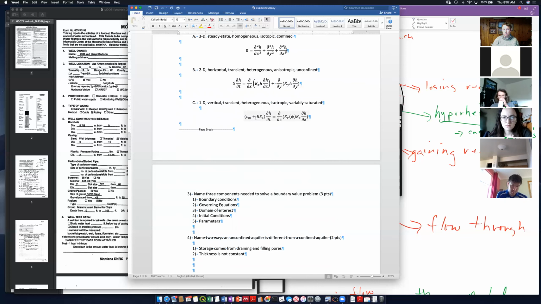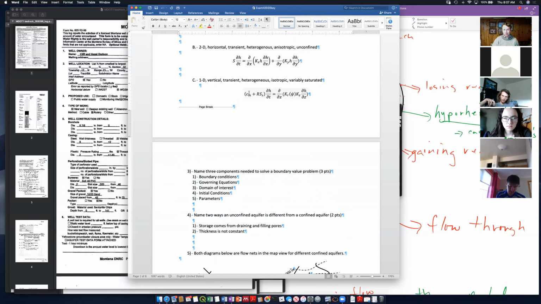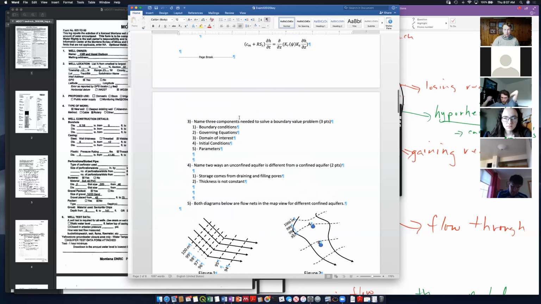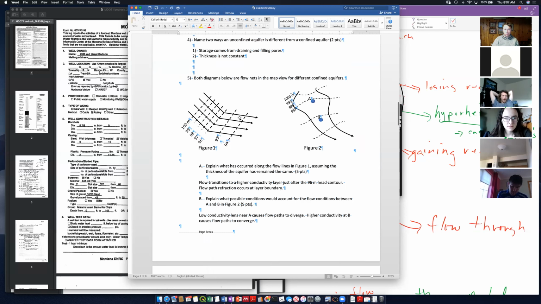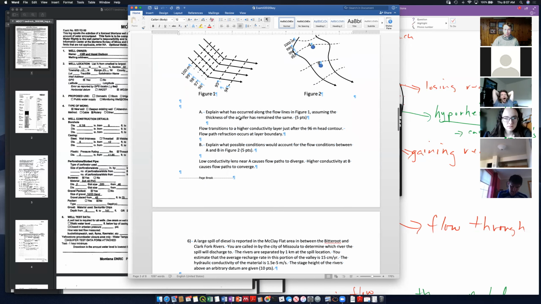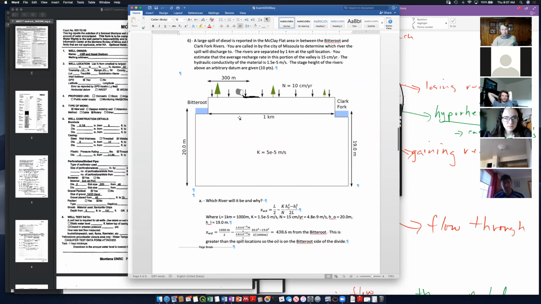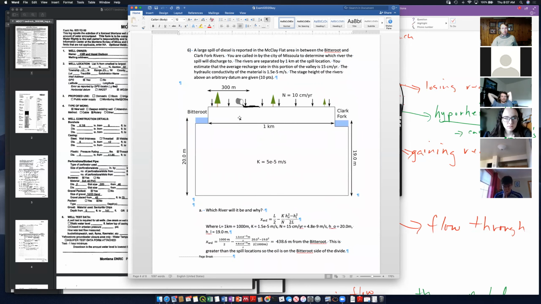And then your storage here is now a complicated term that accounts for the change in saturation per change in head, that's the Cm, plus the saturation times the specific storage. Okay, the next thing, people did pretty good on this stuff. Everyone did well, pretty much, on this equation, on this problem.